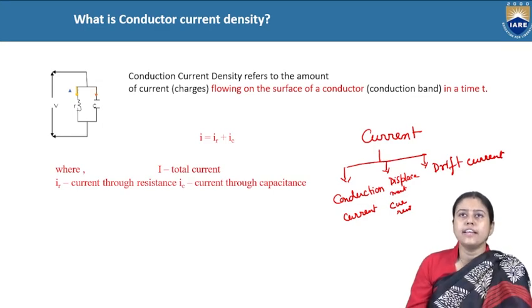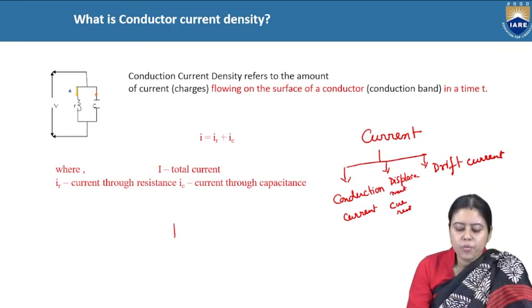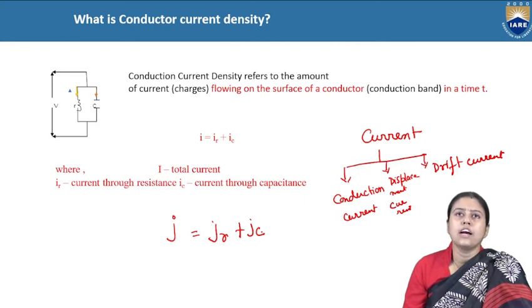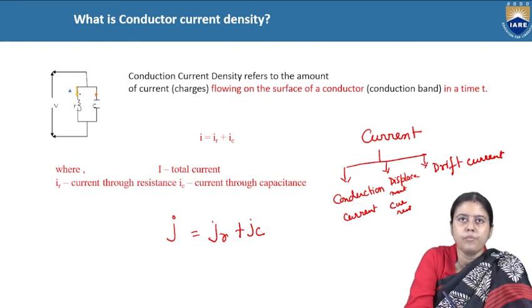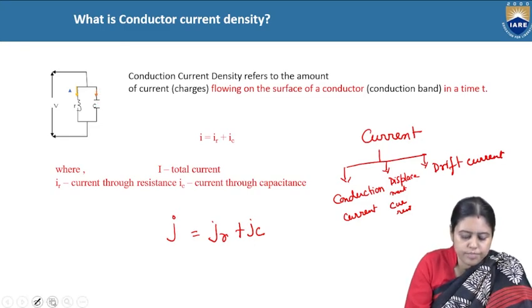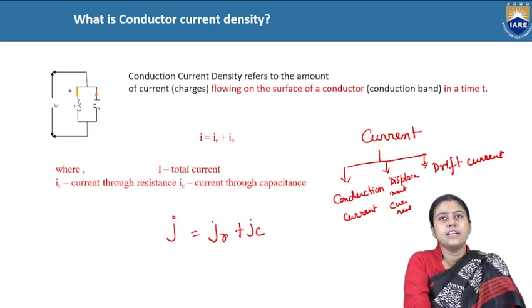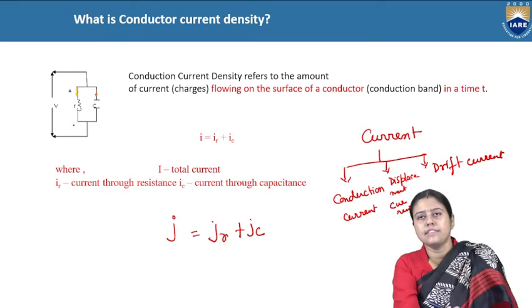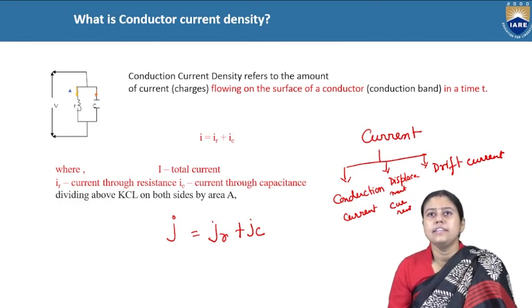And if we write it in the current density form, we can write J is equal to JR plus JC, where J is the conduction current. You can see here the blue one is the current through the resistance, and the golden one is IC, the current through the capacitor.